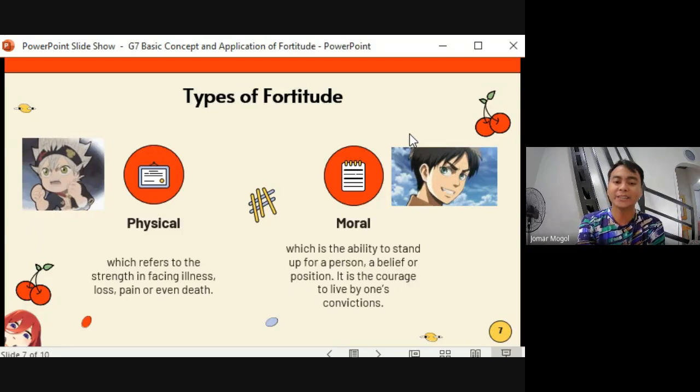So he has this belief or position and the courage to live by one's conviction. So this is another kind of expressing the fortitude, the moral fortitude.